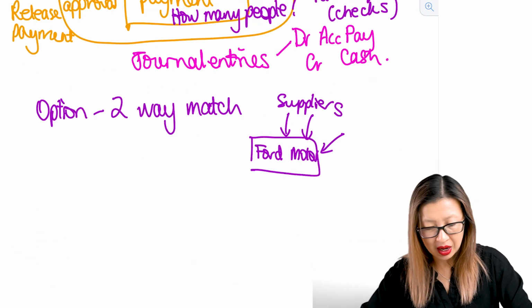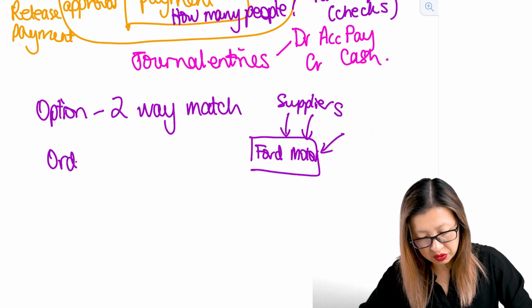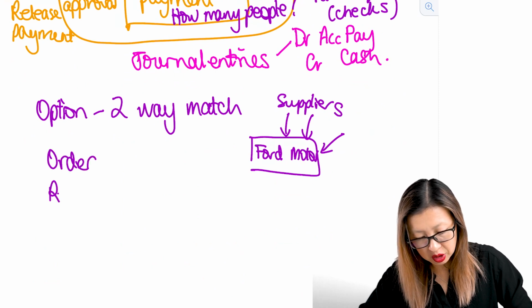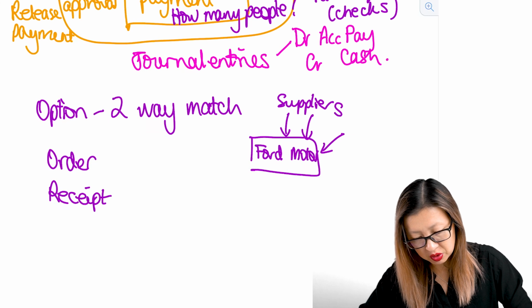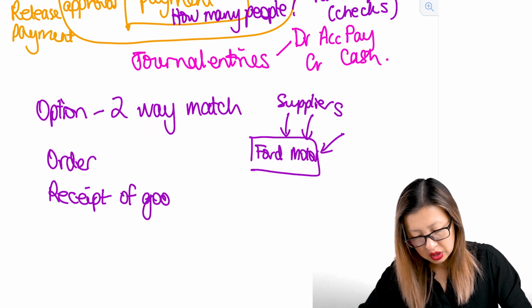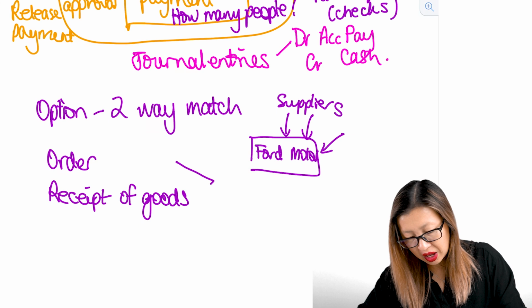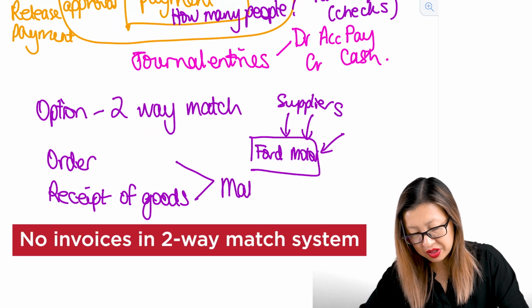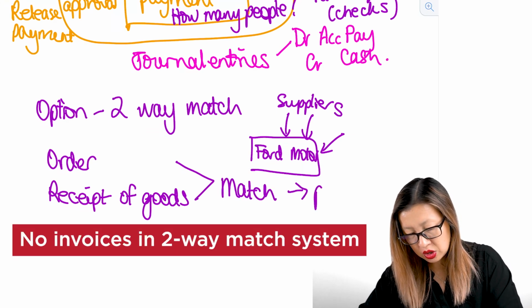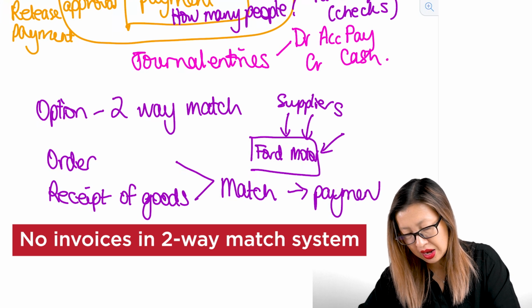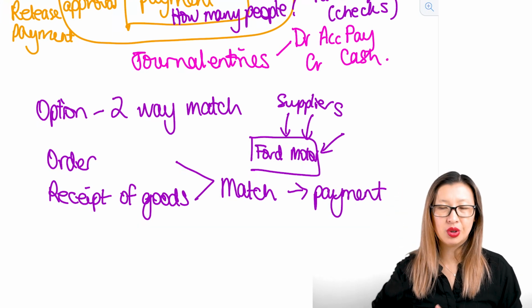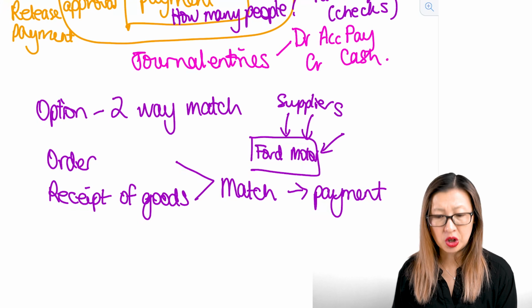So in a two-way match, usually there'll be a process for an order. There'll be something to confirm receipt of goods. And then once you have the two of those, if they match, then you can process the payment. Now, how can you process the payment for something like this when you don't know how much?